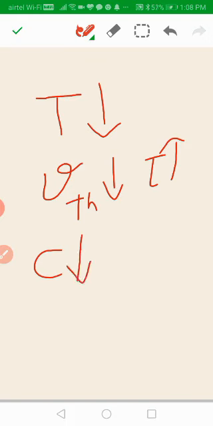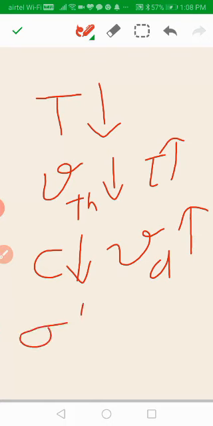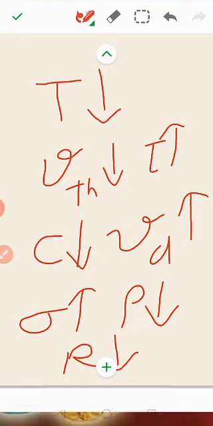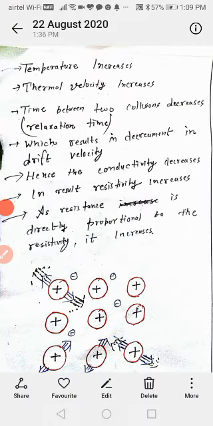If the number of collisions decreases, then the drift velocity will increase, and if the drift velocity increases, then the conductivity will increase, the resistivity will decrease. If the resistivity decreases, then the resistance will also decrease. So this is the answer to the question that we asked in the previous lecture.